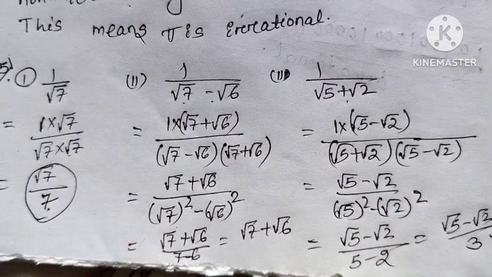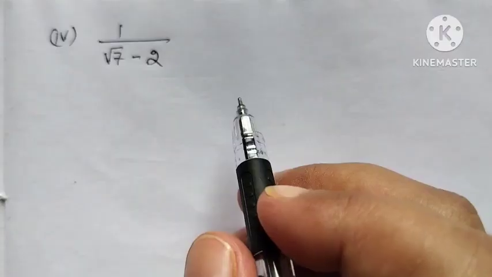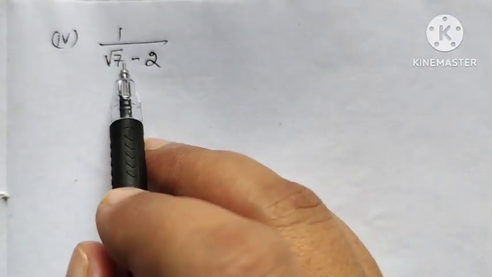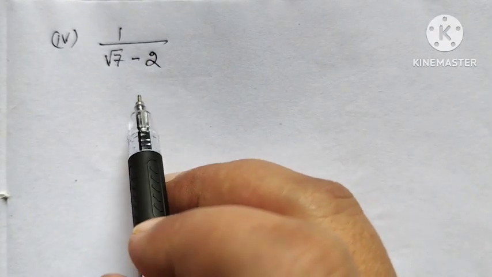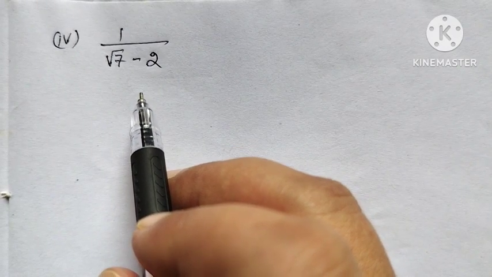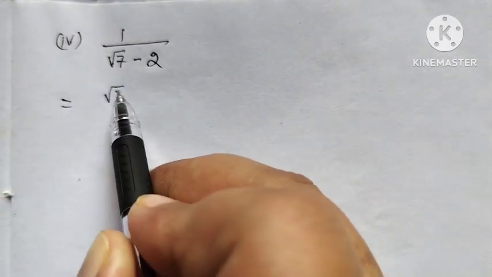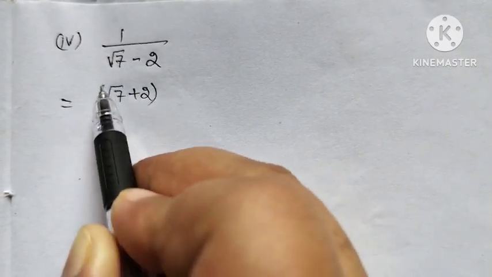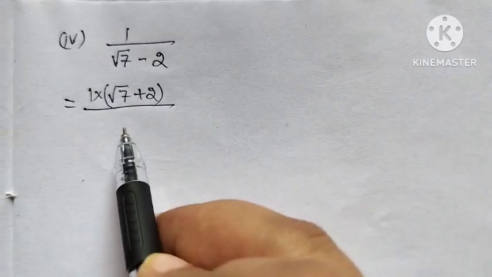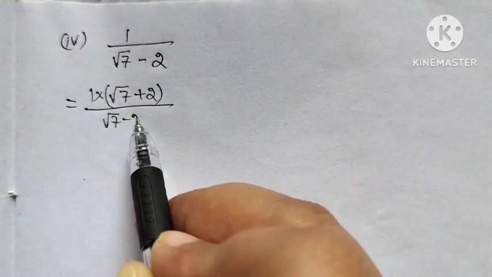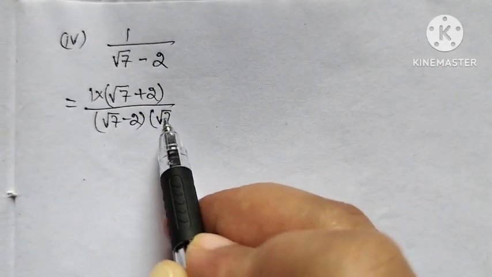Yes, this is part 3. The next is part 4: 1 by root 7 minus 2. What do you multiply? Root 7 plus 2. Then root 7 minus 2 into root 7 plus 2.